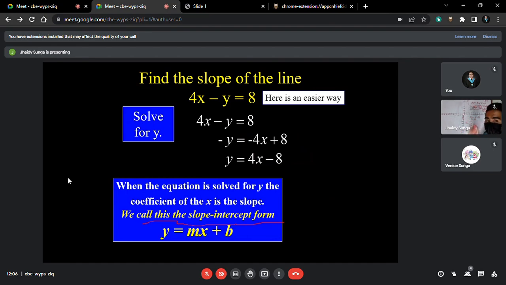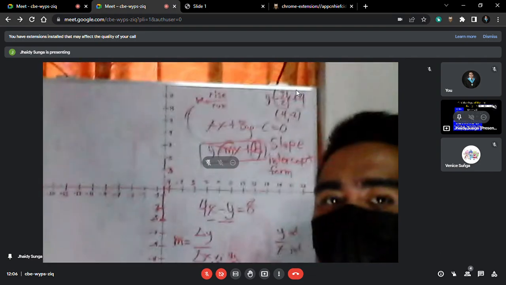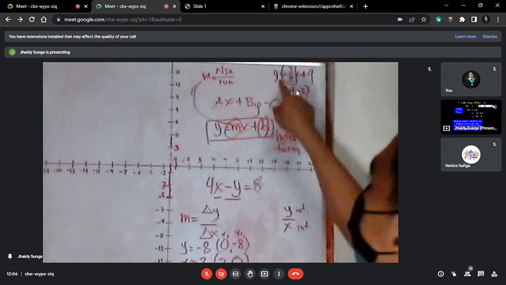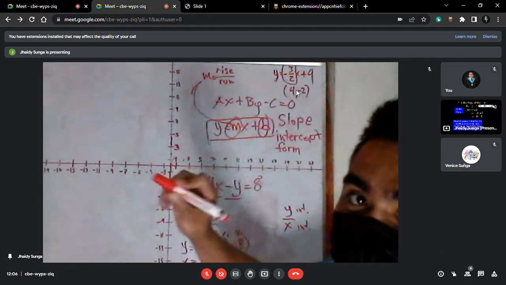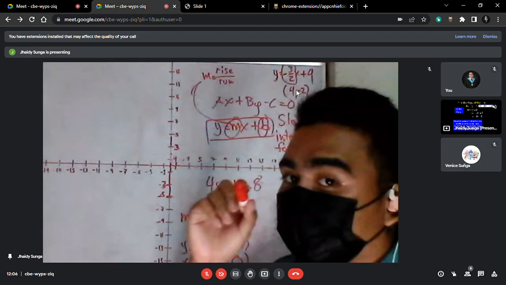But in this formulation, the one that I did on this board a while ago, in finding this one, if you will remember, in this equation, from the general equation, I turned it into this one. What I did is to find the y-intercept form.